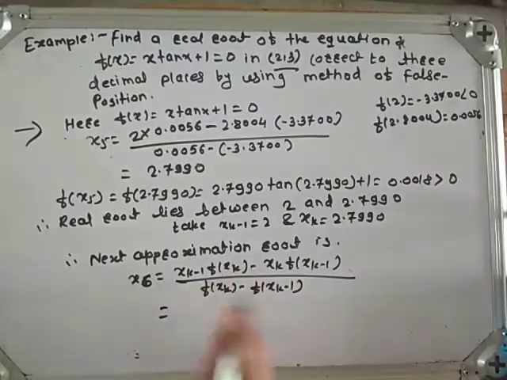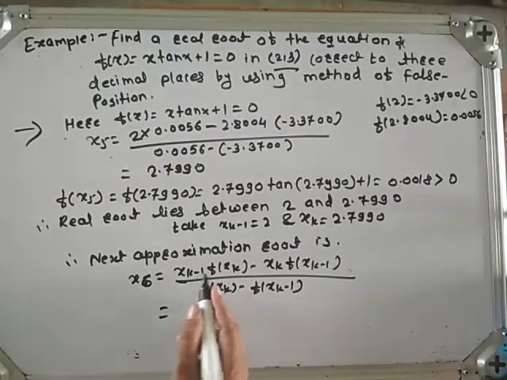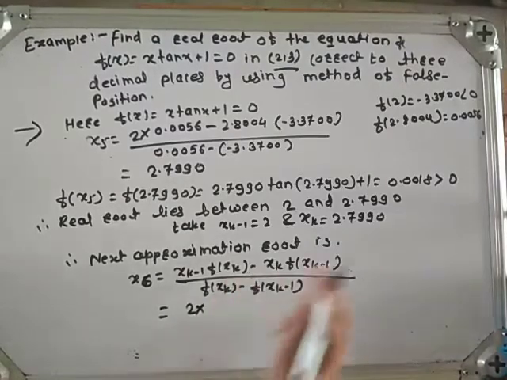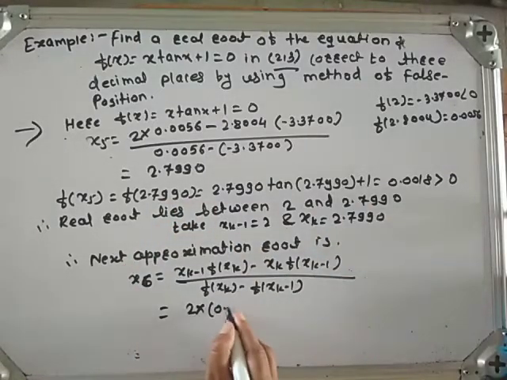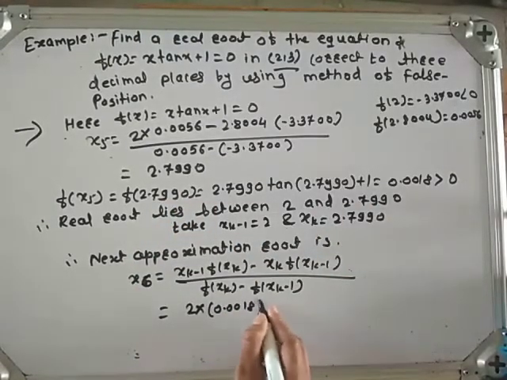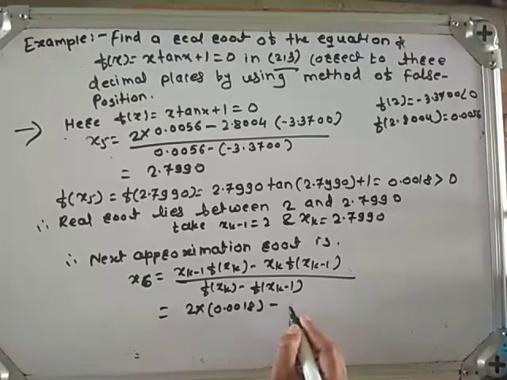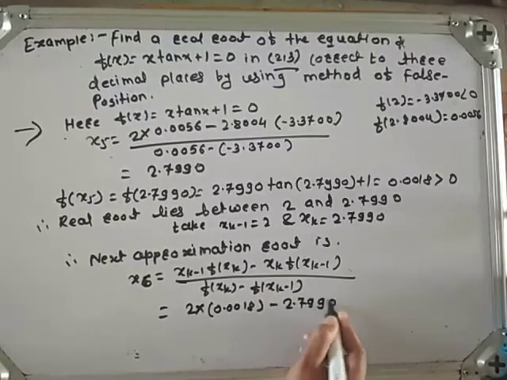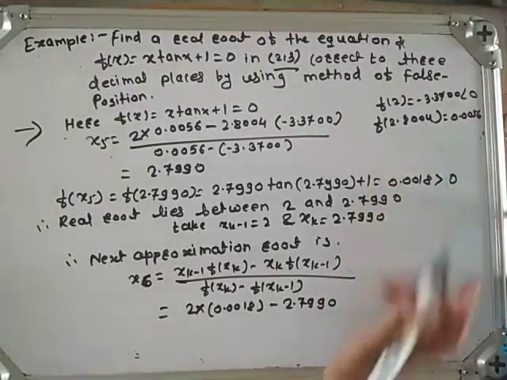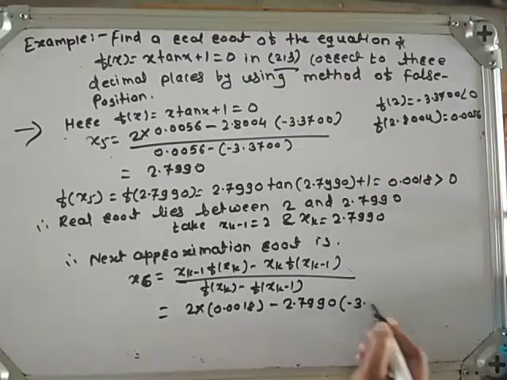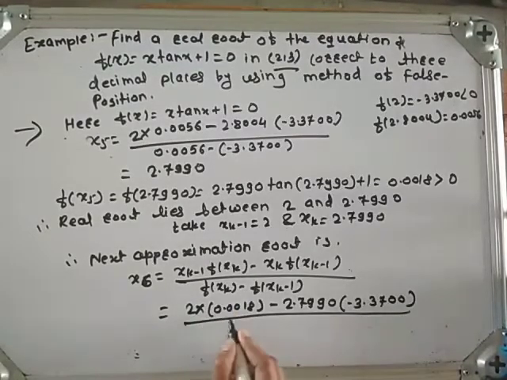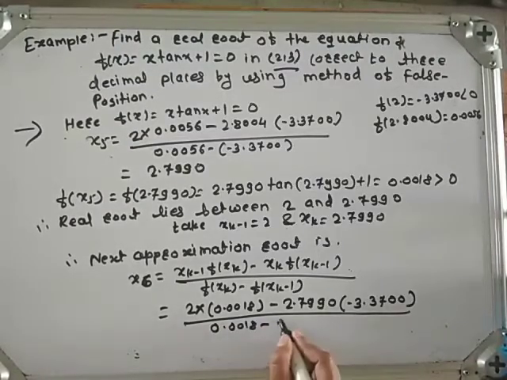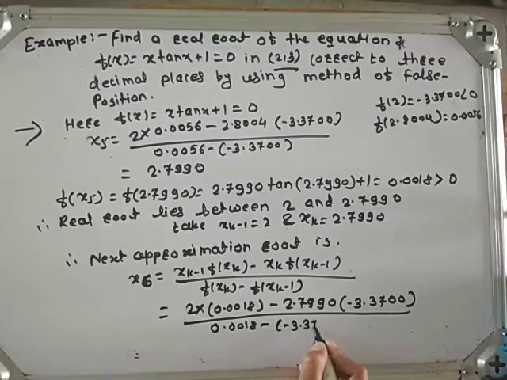Now substitute all of these values: xk minus 1 is 2, f of xk means f of 2.7990, which is 0.0018, minus xk, 2.7990, into f of 2, which is minus 3.3700, upon 0.0018 minus minus 3.3700.